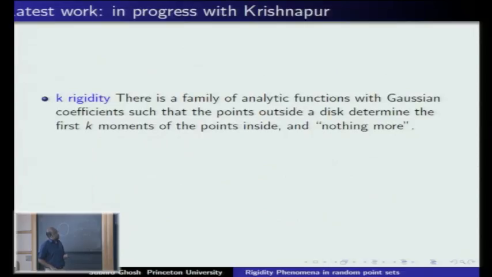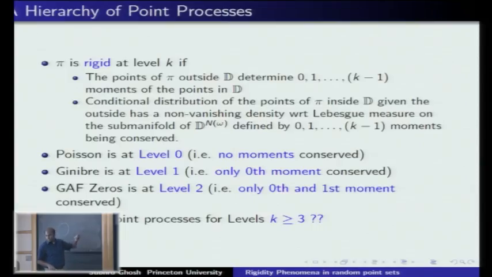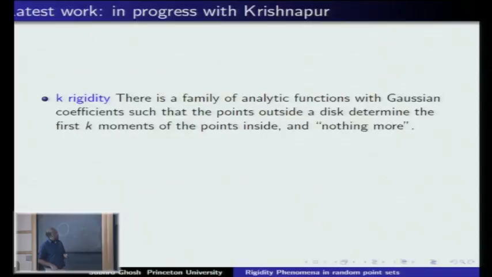In recent work with Manjunath Krishnapur, we showed that there is a family of analytic functions with Gaussian coefficients such that the points outside the disk determine the first k moments and nothing more in this sense. Basically they are obtained by taking psi_k, k factorial to the alpha, and the degree of rigidity depends on this variable alpha.